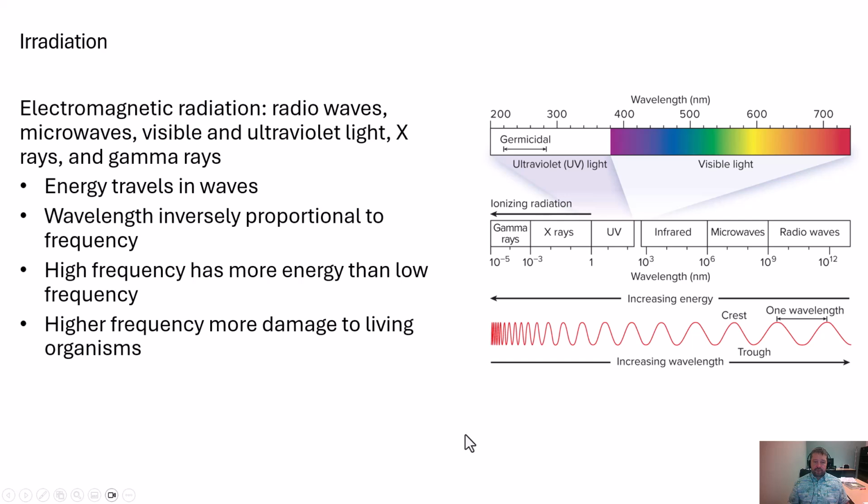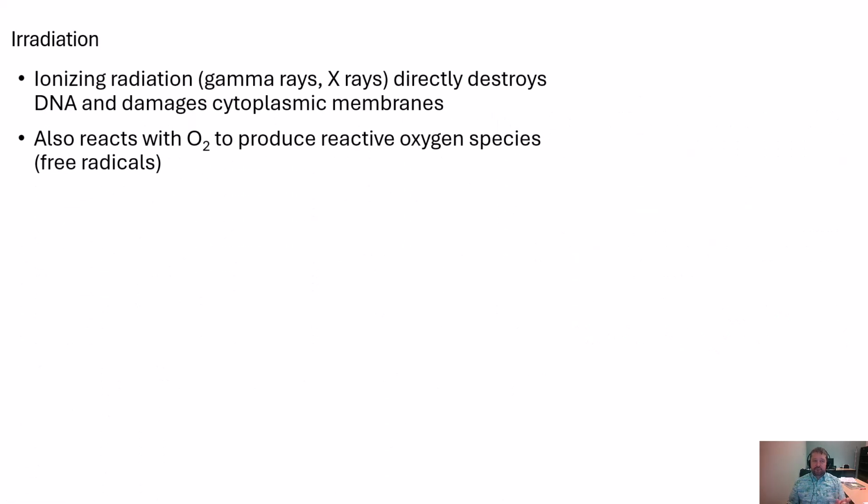Gamma rays, on the other hand, do that, and they create free radicals, and they can damage the cytoplasmic membrane. So ionizing radiation, that's gamma rays and X-rays, they'll typically destroy the DNA by causing dimers, okay, but then also disrupt the cytoplasmic membrane and produce free radicals, so they can cause oxygen to be a more reactive species.